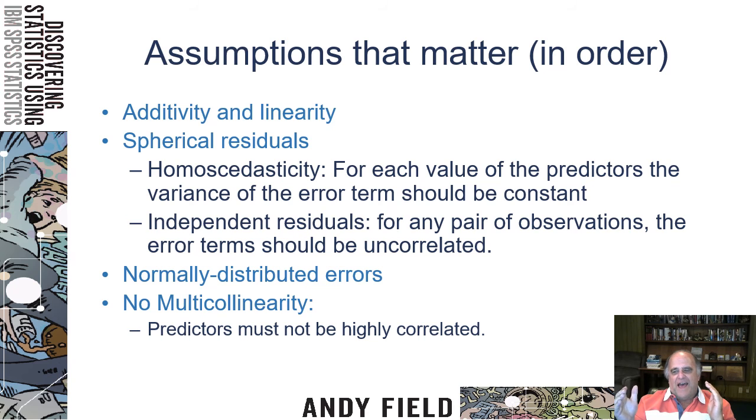Because how do you explain to someone that a variable that has a negative weight in the equation actually has a positive correlation with the outcome variable, or vice versa? The real problem is saying, hey, this variable is positively correlated with the outcome variable, but it ends up with a negative weight in my equation.